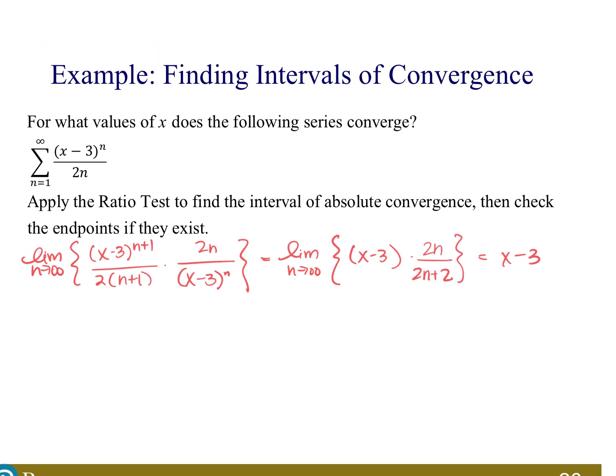So the result of my ratio test is the absolute value of x minus 3, which means it has to be less than 1. Which means x minus 3 needs to be bounded between -1 and 1, which means x needs to be bounded between 2 and 4. That's my initial interval of convergence.